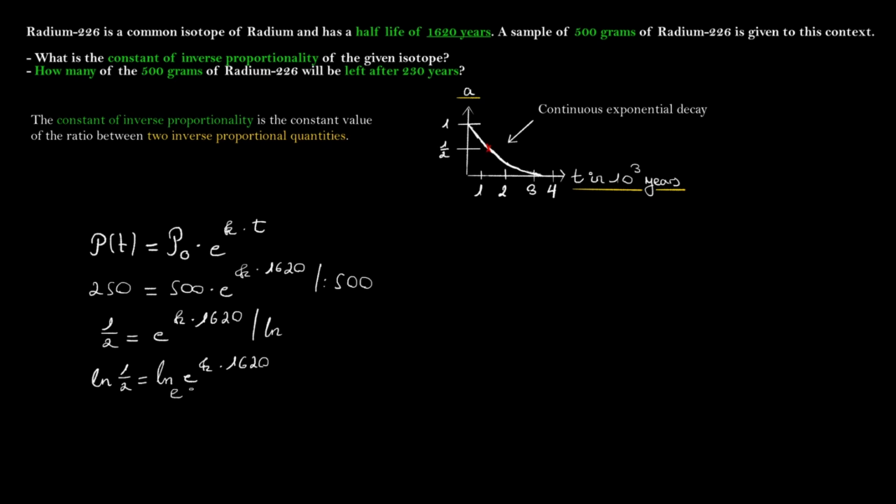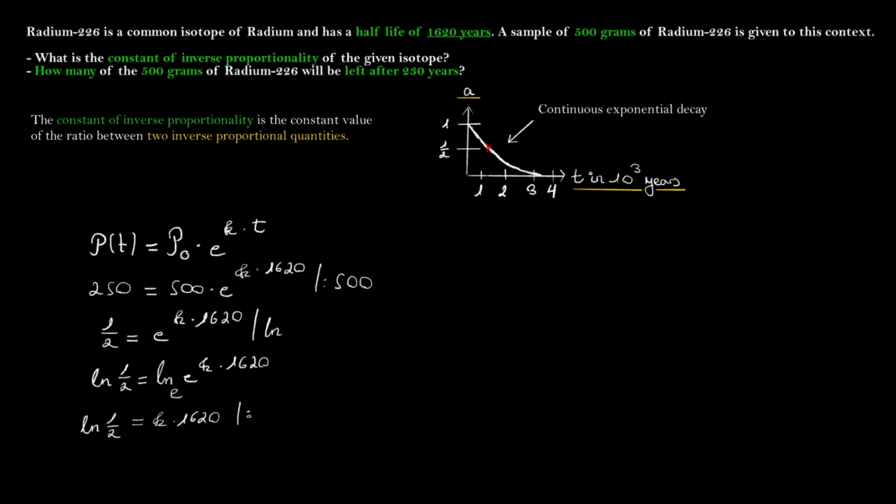So it is asking us, what do we raise e with to get e to the power of k times 1620? So it is logical that we only have k times 1620 as an option left. So this is the same as ln of 1 over 2.